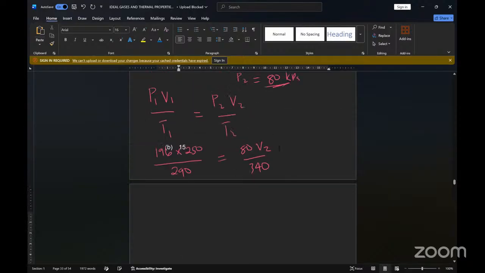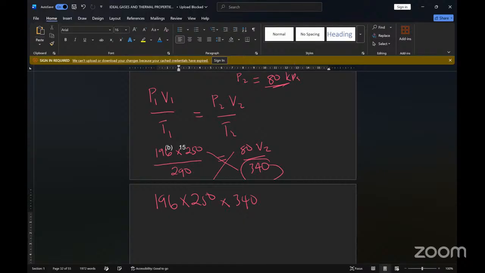So let's substitute it. How do we make V2 the subject? To make V2 the subject, you cross multiply. You take this one and bring it down here. So you're going to have 196 times 250, and this one here, you cross multiply them, so times 340.